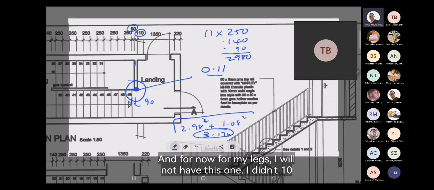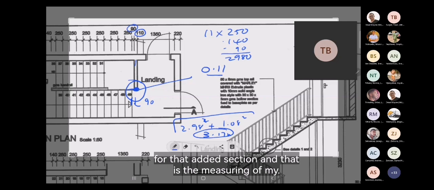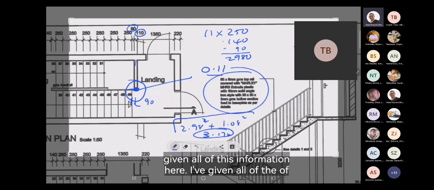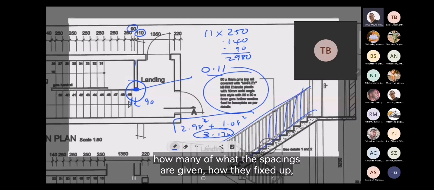And for my length, I will now have this 110 for that added section. And that is the measuring of my handrail. Because in my description I've given all of this information here. I've given how many, what the spacings are, how they're fixed. I've given all of those.